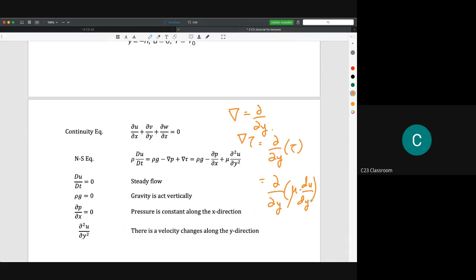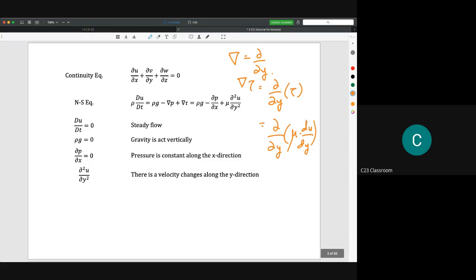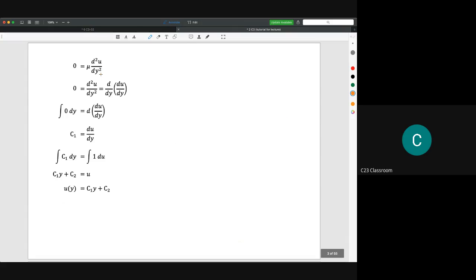Now the question is, if you see the question, they ask us to calculate the tau which has a certain value of n. So the only term that you need to give the power of n is actually this term, because this term reflects the value of shear stress. Some students make a mistake because they might just remember this equation, so they start to give the power n here.